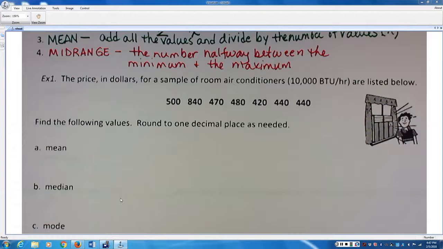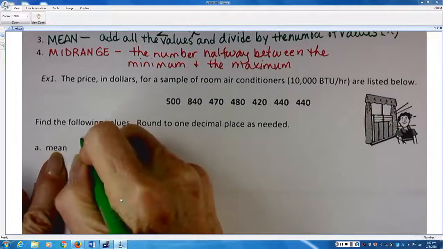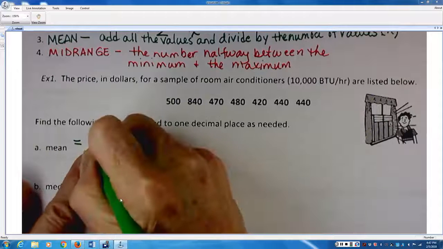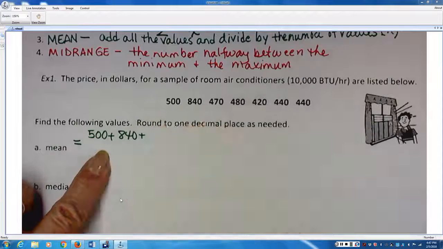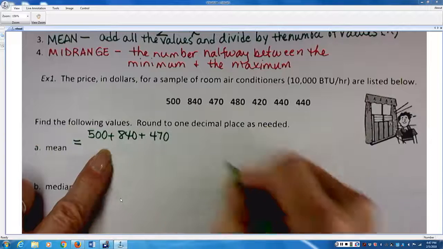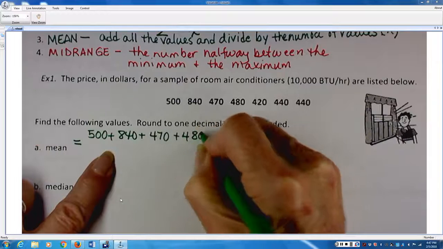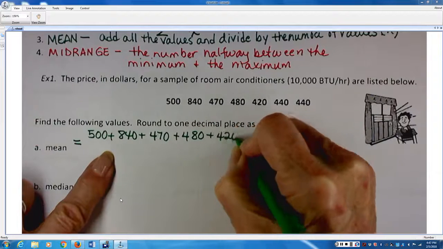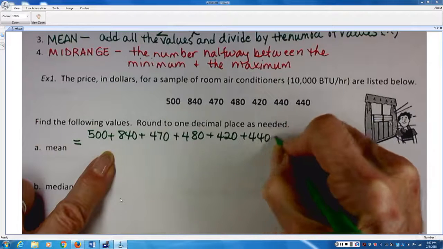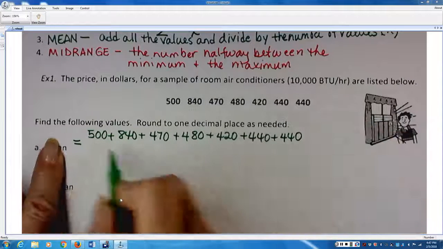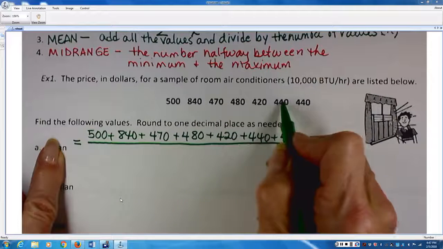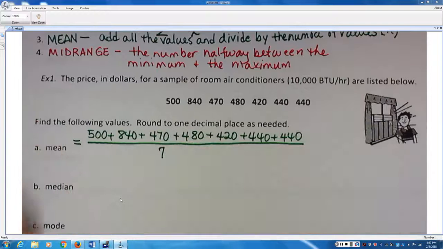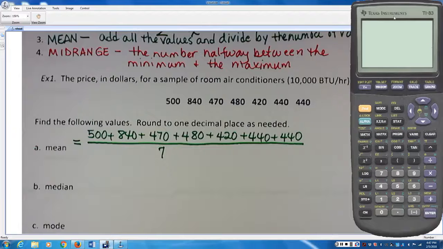And the way that we're going to calculate the mean is we're going to take 500 plus 840 plus 470 plus 480 plus 420 plus 440 twice, and we're going to divide by 1, 2, 3, 4, 5, 6, 7 numbers. And we're going to use a calculator because we are not going to do all this in our head.